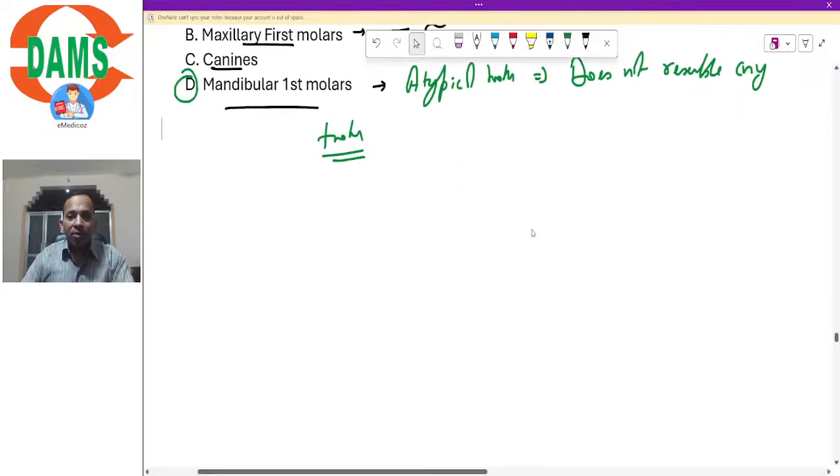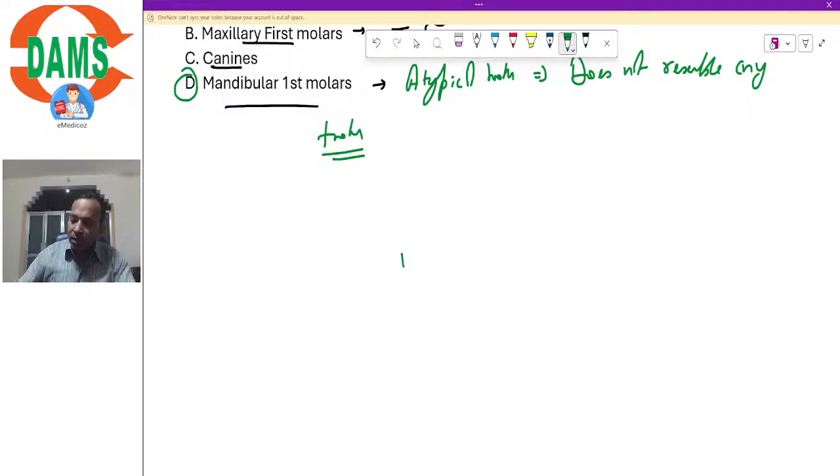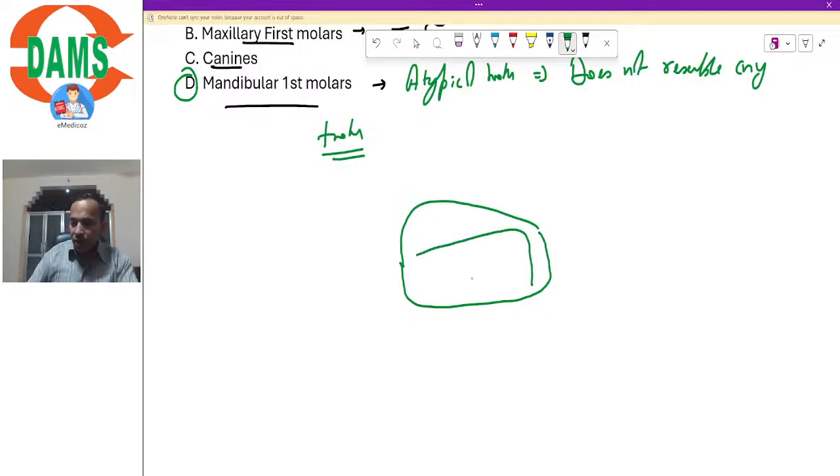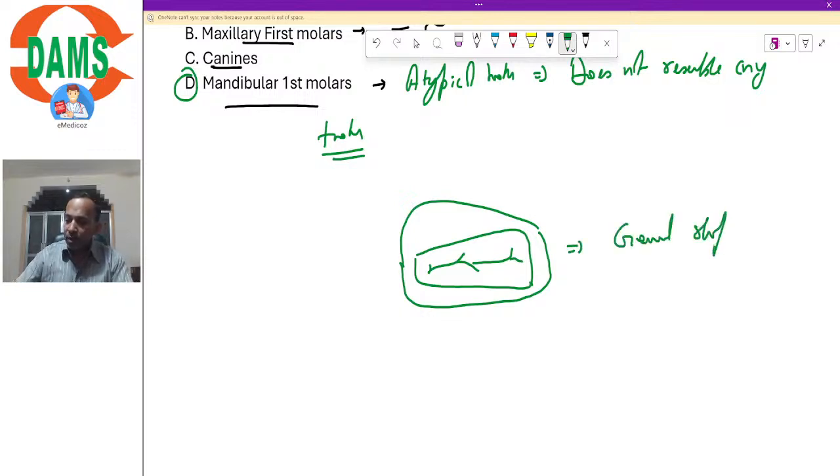Why? Because the general shape of the lower first molar resembles that of a molar, right?